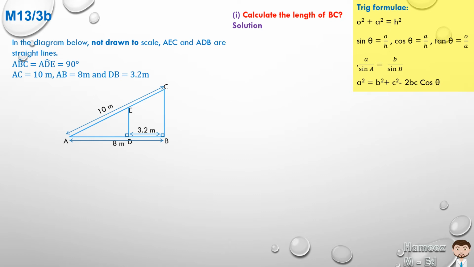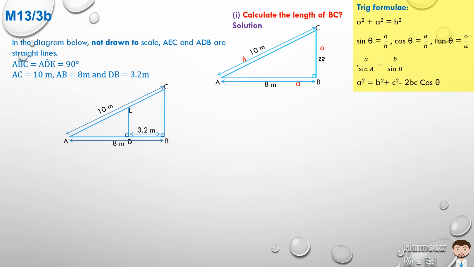So let's now extract that triangle with BC in it, which is the larger triangle. If we draw over the triangle ABC, what they're asking us to find is BC. And what do we know? We know 10 meters, which is the longest side, H, and we know 8 meters.